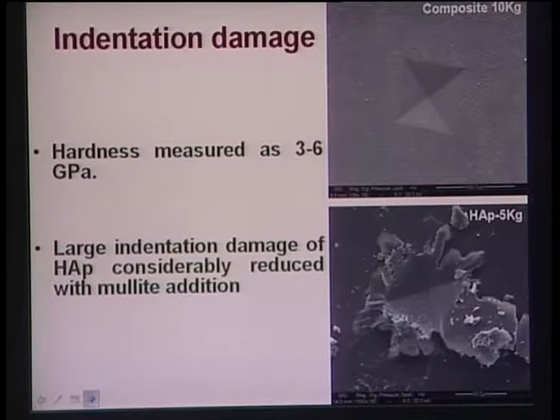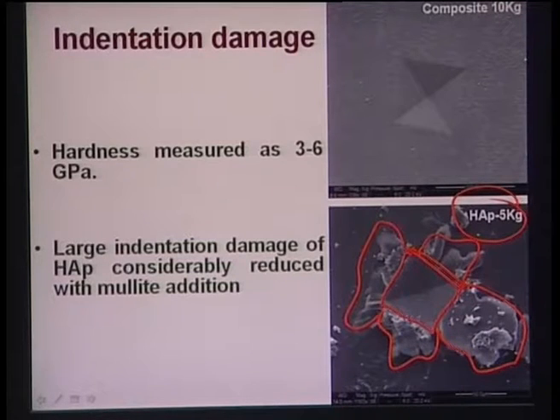Now as I showed you at the beginning of this lecture, hydroxyapatite is essentially a brittle phase. This has been proved again. If you take a 5 kg load Vickers indent, you can see there is a lot of falling or indent induced damage in this material. But when you make these composites, even at 10 kg load, you can see there is a sharp Vickers indent. That means it is essentially damage resistant.